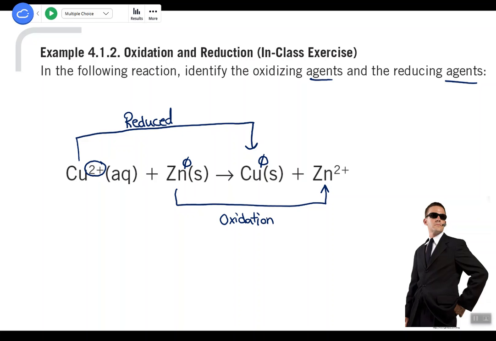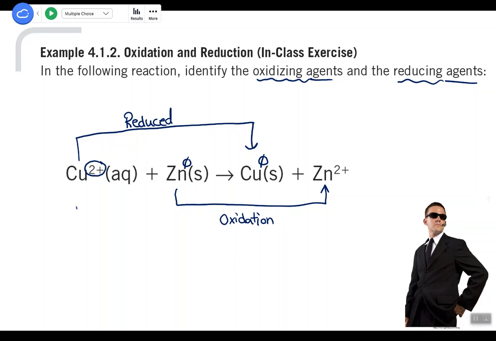Well, this question isn't just asking what's being oxidized and what's being reduced. We want to know the oxidizing agent and the reducing agent. This is the secret agent that causes that thing to happen. Here, copper 2+ is being reduced. That means it's allowing or causing zinc to be oxidized. Copper is being reduced. It's taking on electrons. It's stealing electrons. That means that it's allowing zinc to be oxidized.